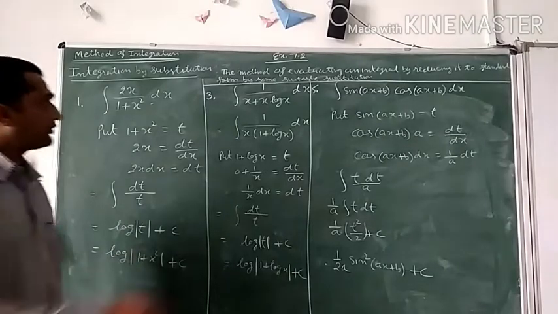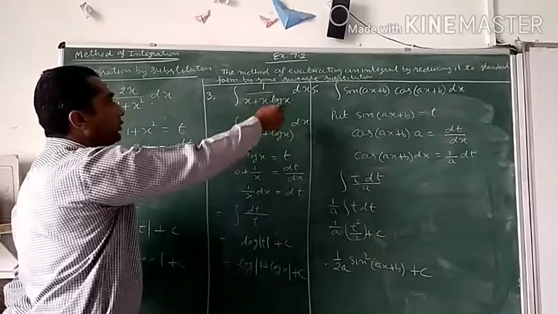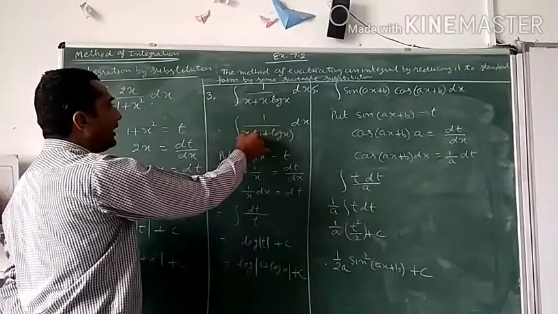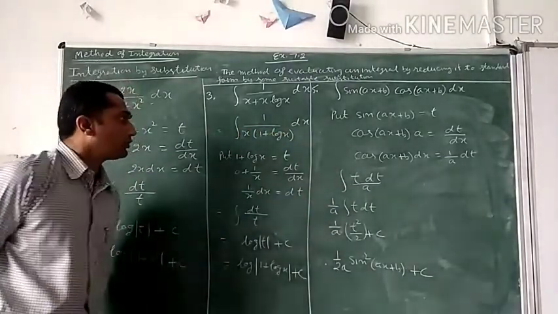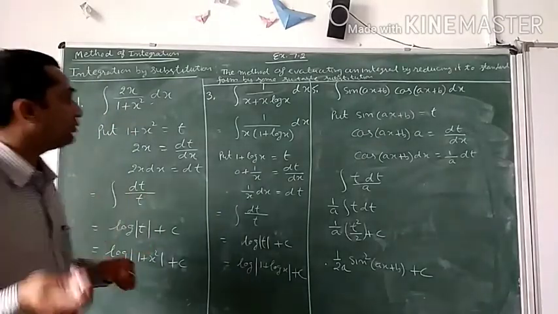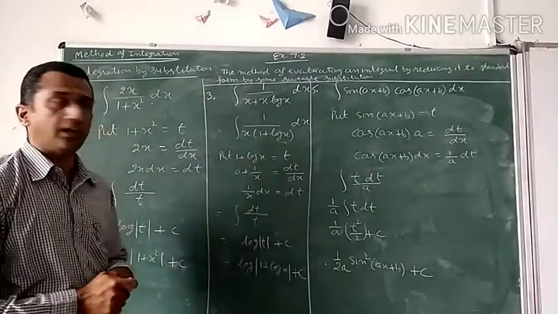Now you have to substitute the value of t: log of 1 plus x square plus c. Next, question number 3, integrating 1 over x plus x log x dx. Take x common: 1 over x into 1 plus log x into dx. So students, now we have to think what we can do in this question. You know that the derivative of log x is 1 by x.